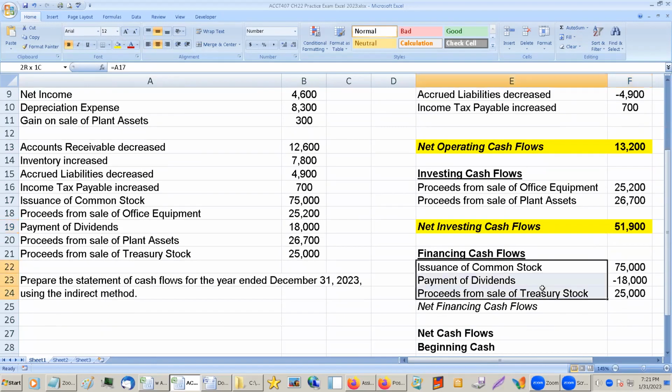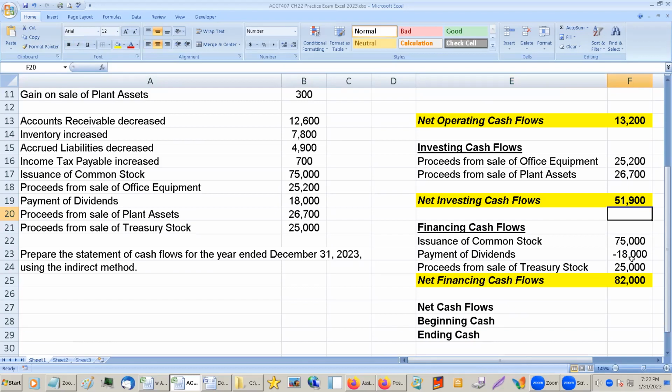I don't know where they're getting the cash from, but down here they're also getting a lot of cash coming in from, oh, let's see here. Is that right? Yeah, that's right. And so all three of those together, start again.